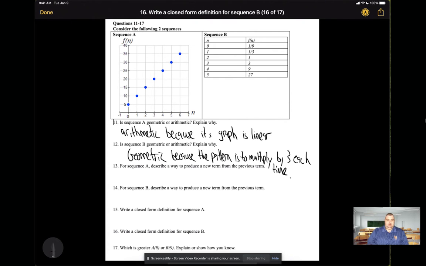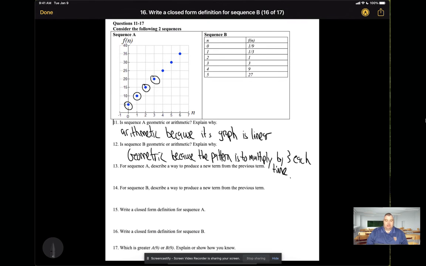Number 13. For sequence A, describe a way to produce a new term from the previous term. So in other words, what's the pattern here? Well, look at this. I start with term 0. My starting term is 5. Then my second term is 10. Then my third term is 15. My fourth term is 20. So it would appear that my pattern is to add 5 each time.